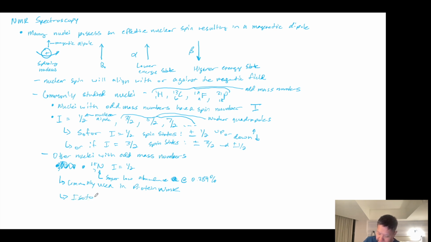So we call this isotopically labeled, with nitrogen 15, or for short N15 ammonium chloride, enriched media, during protein expression.